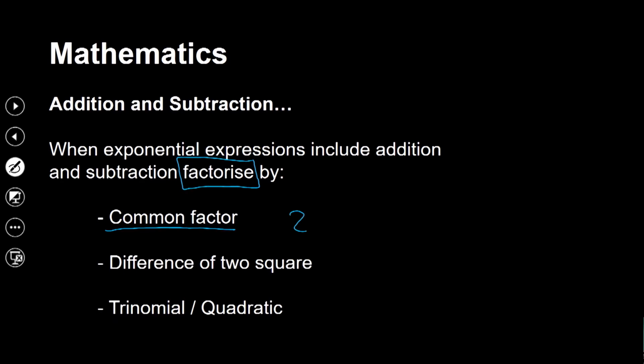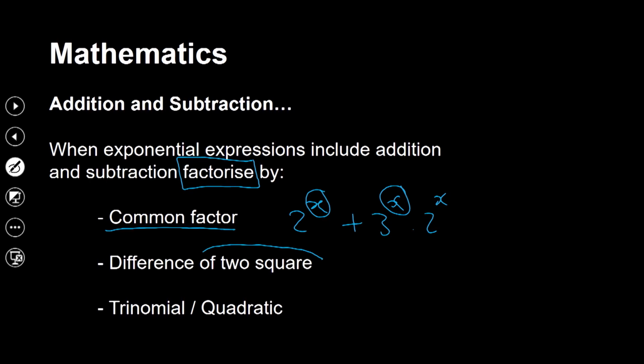If I give you, for example, 2 to the x plus 3 to the x, you can't say x is what is common, please. What is common is a term. So this must be multiplied to 2 to the x. Then I can say the 2 to the exponent of x is common, not the x. Yes, it's common because it's on both terms, but it's not a common factor, because remember, common factor is something different.